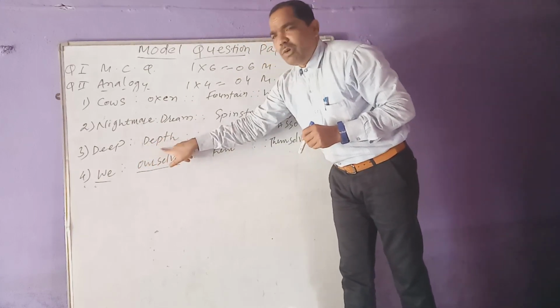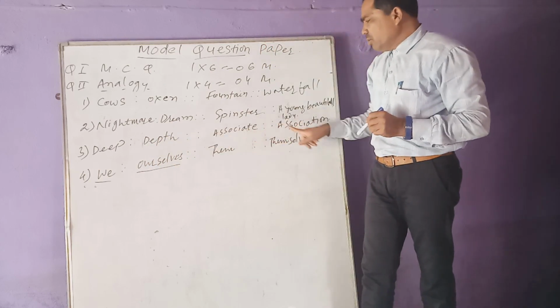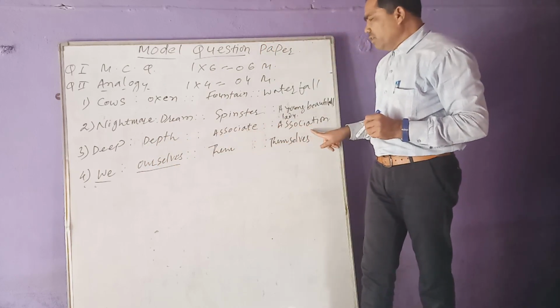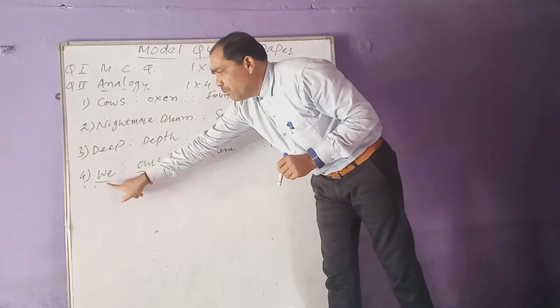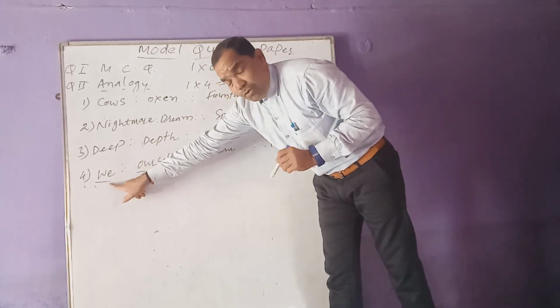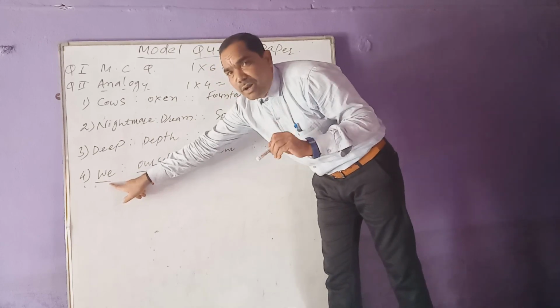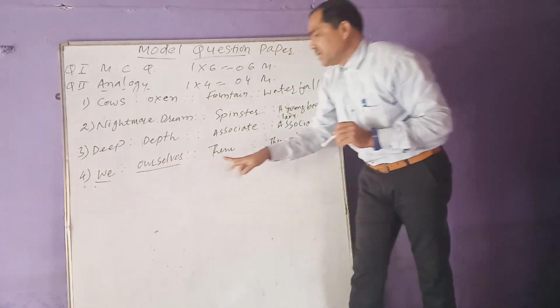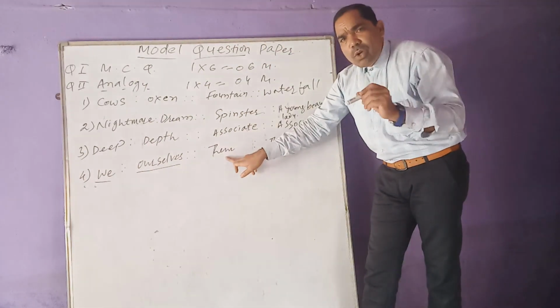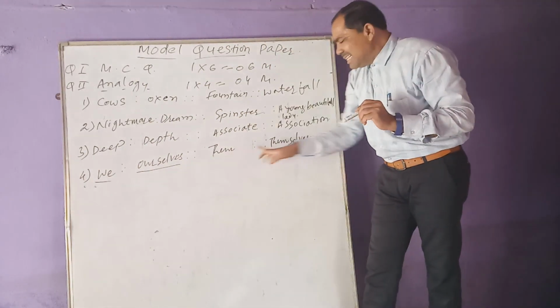Deep converts into depth, and associate is going to convert into association. At last, the fourth one: we is going to express the meaning of a plural pronoun, whereas its reflexive pronoun has been given, that is ourselves, and then you have to give the reflexive pronoun of them, that is themselves.